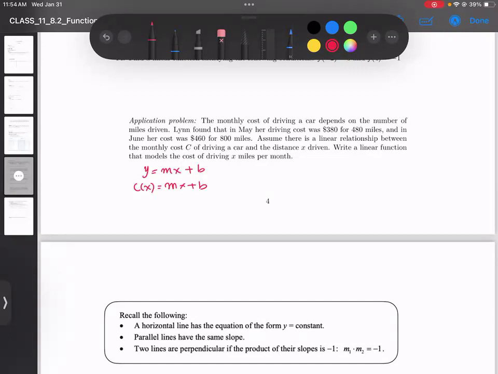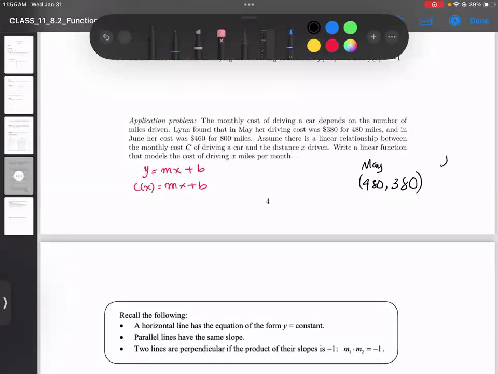If you take a look at the problem, the timeline is May and June. In May, Lynn drove 480 miles and it cost her 380.